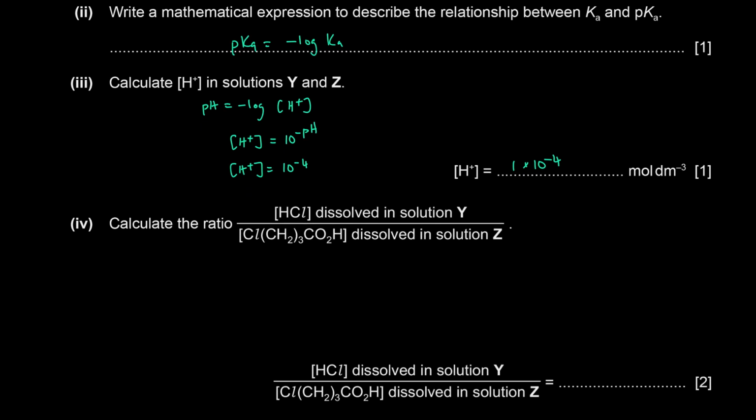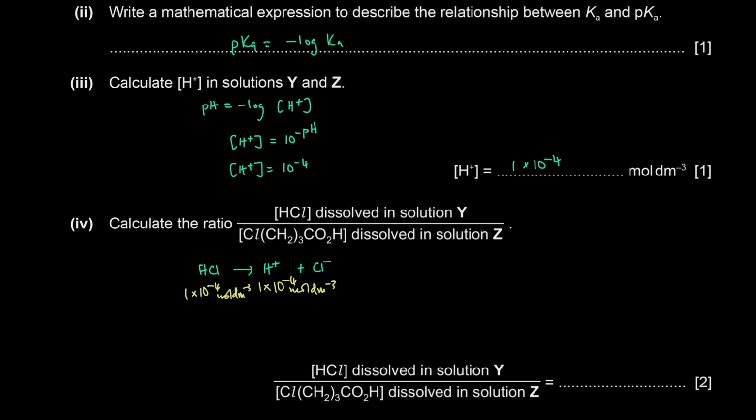So when HCl ionizes, we get H plus and Cl minus, right? And can I say that the concentration of HCl is the same as the concentration of H plus that we got, since the HCl ionized completely? Can I say that over here since it's a strong acid?